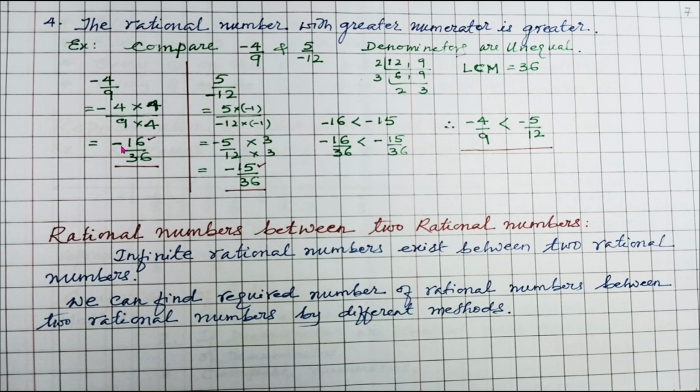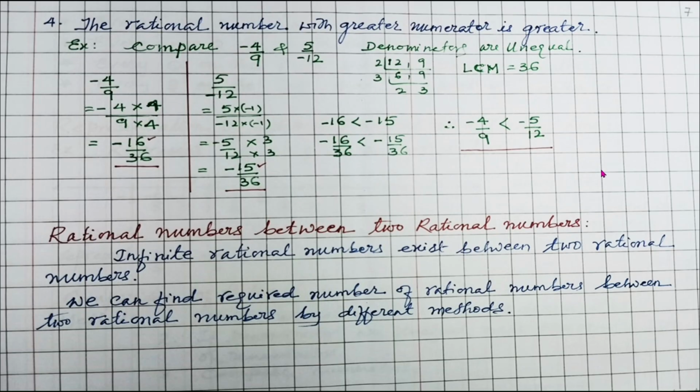So we have two rational numbers with the same denominator, and once we get the same denominator, compare the numerators. Compare minus 16 and minus 15. Minus 16 is definitely less than minus 15, and therefore minus 16 by 36 is less than minus 15 by 36. It means that minus 4 by 9 is less than 5 by minus 12, and that is the procedure.